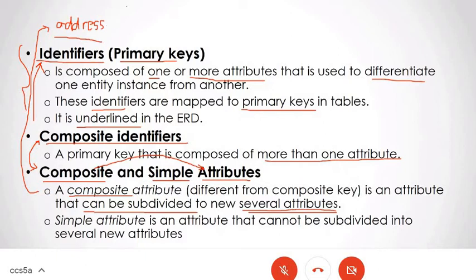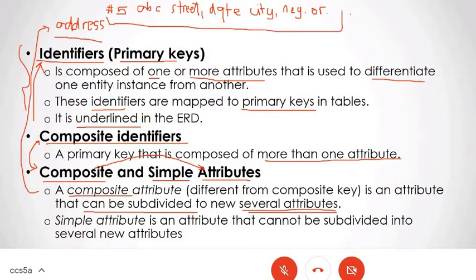So, like, you might have this address, like number 5 ABC Street, okay, so this is an address, and this is an example of a composite attribute.